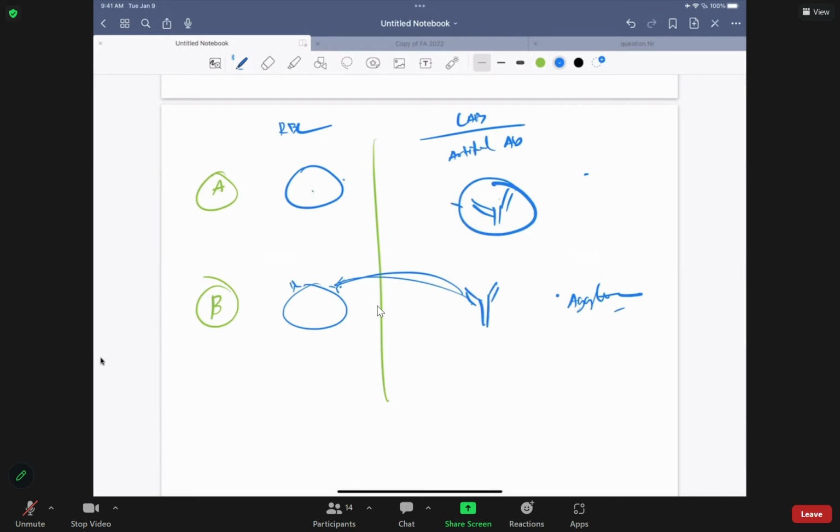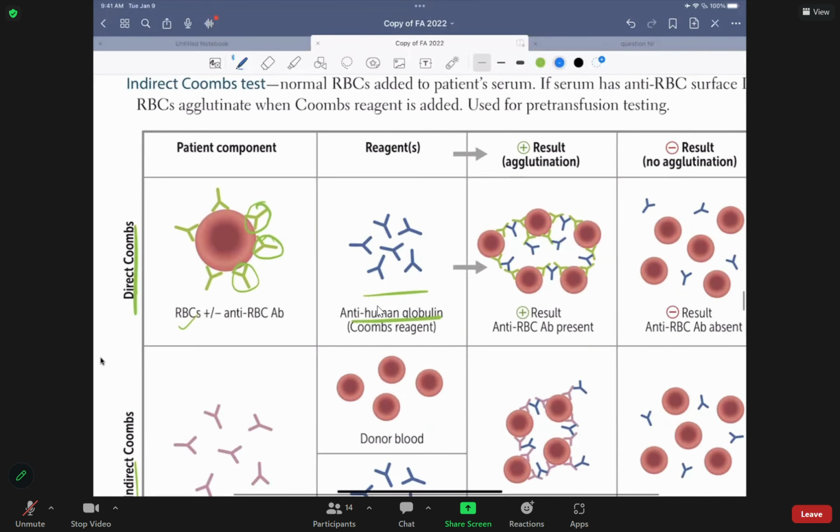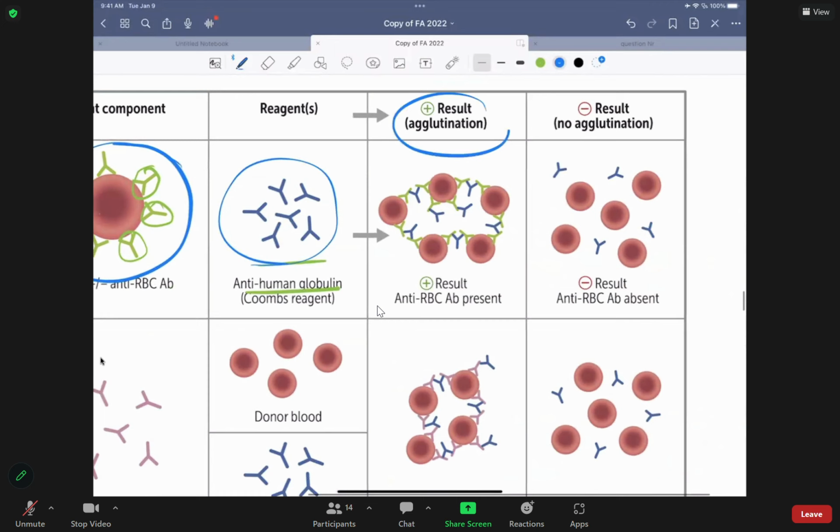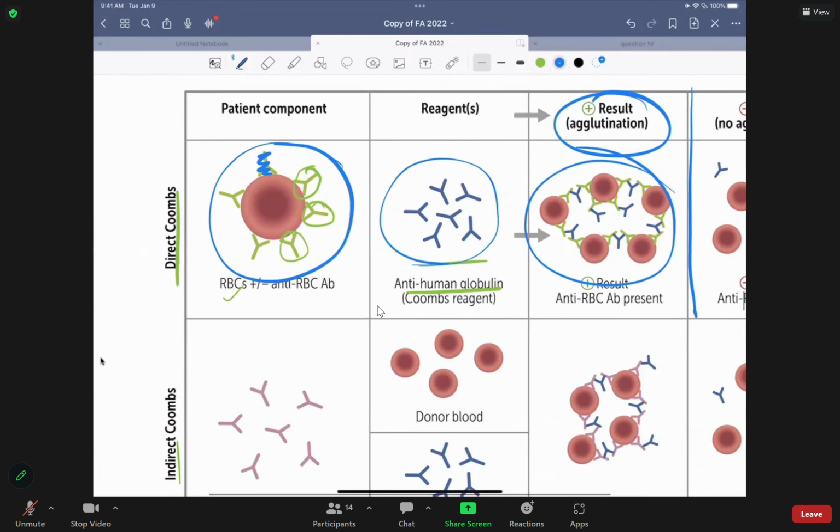Is that clear, folks? Now, in the book, they are only showing one. The patient has a red blood cell, which already has an antibody. When I add artificial antibody, you can see it's a positive result because they're agglutinating. Is that clear, folks? Here, this will be negative. For it to be negative, it shouldn't have any antibodies.